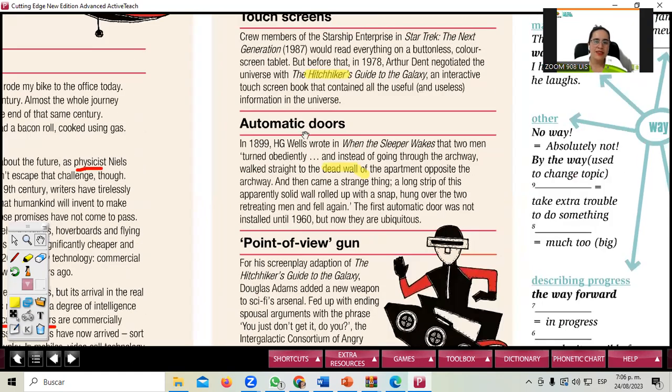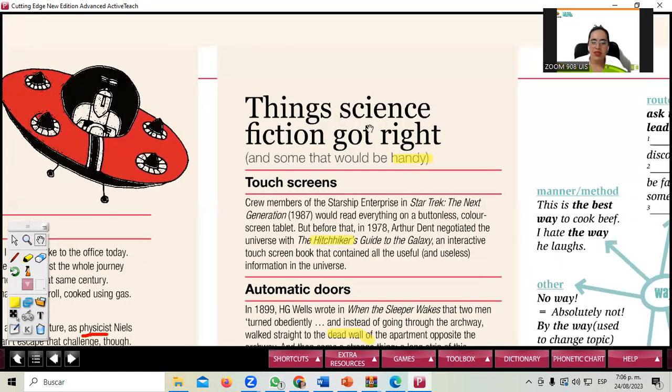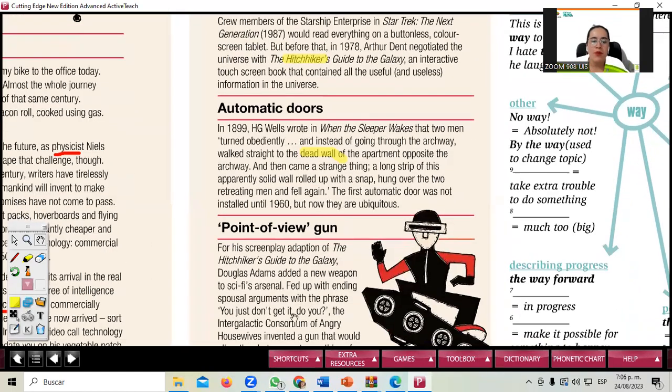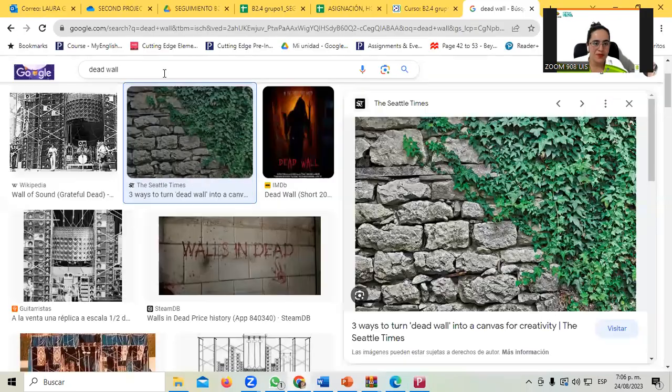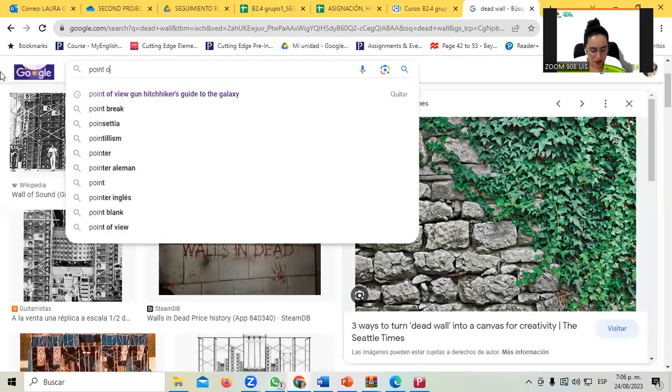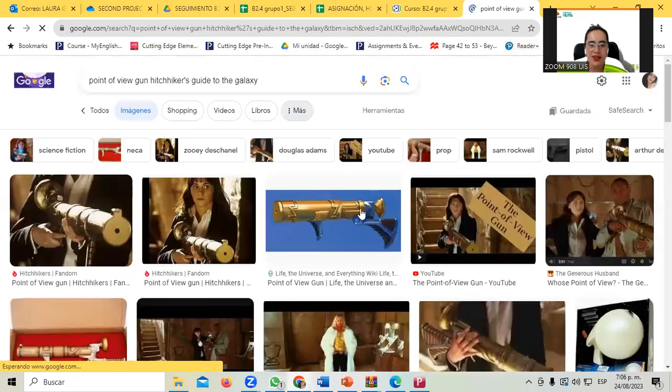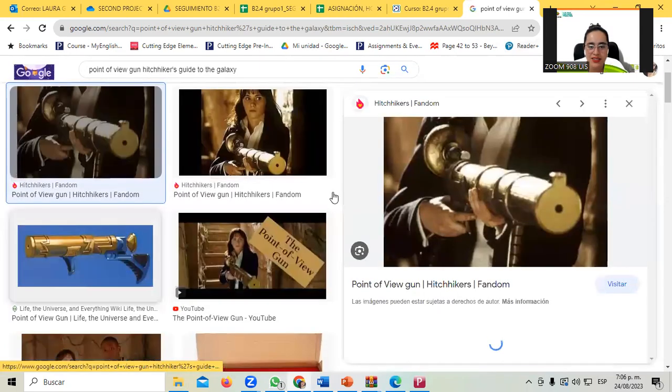So this one is not created yet, but it's something that would be useful. The point of view gun. Let's look at it. Okay. The point of view gun, The Hitchhiker's Guide to the Galaxy. Okay, so this is what it was represented as.